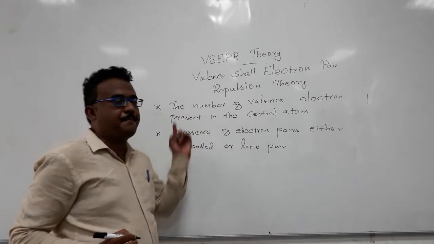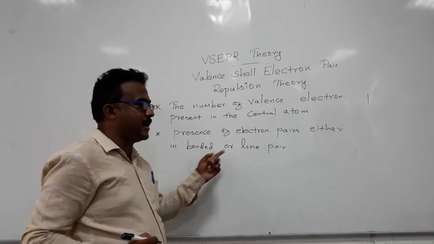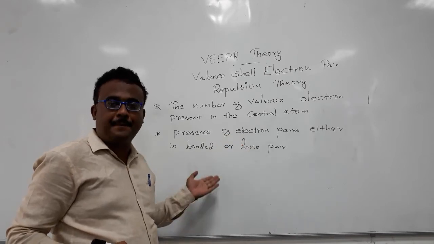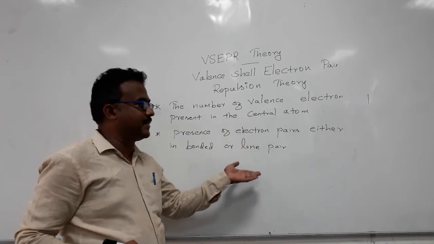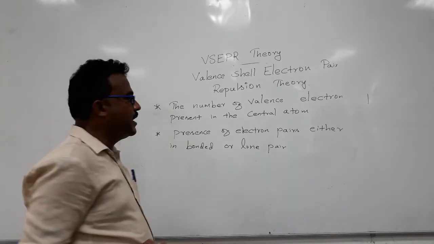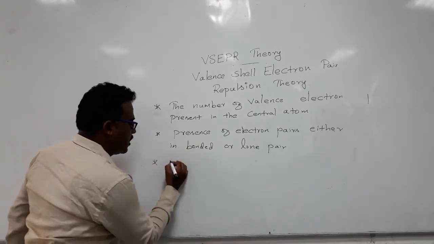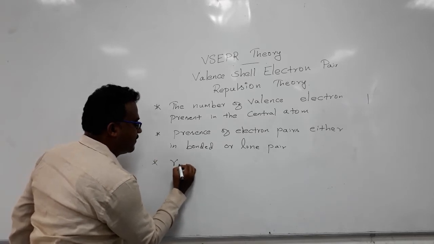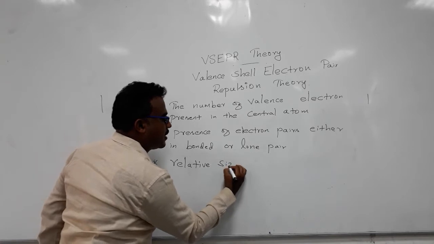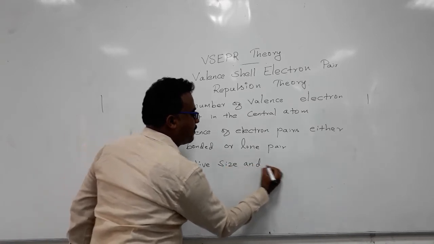So the shape of molecules also depends upon whether the electron pair is present as a bond pair or lone pair. Depending upon that, the shape of the molecule can change, especially the bond angles. Third one, relative size and shape of orbital.